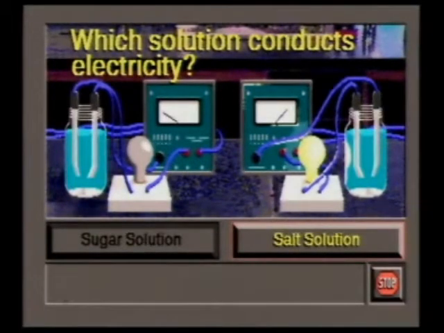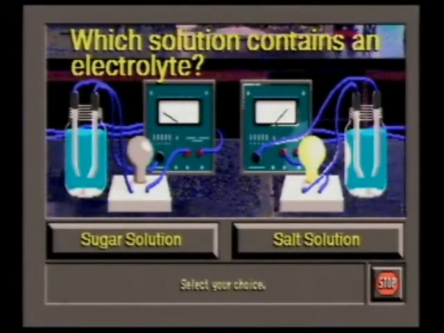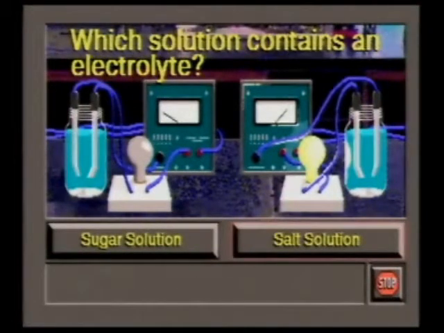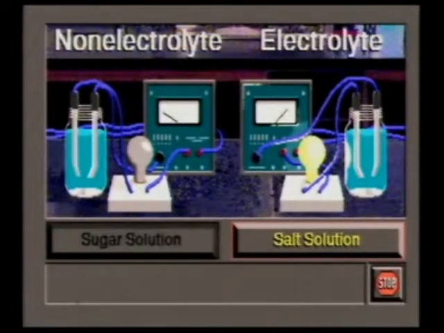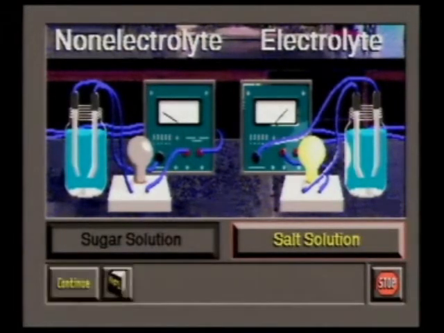A salt solution conducts while a sugar solution does not. Salt is an electrolyte and sugar is a non-electrolyte.